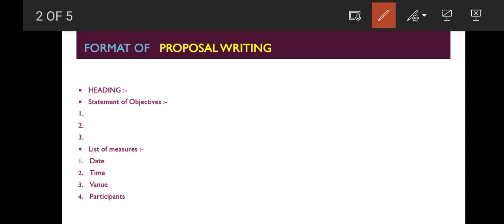Understood? Next, venue. Venue means where this competition, where this thing takes place. So I can write this will take place in the auditorium, in the hall.